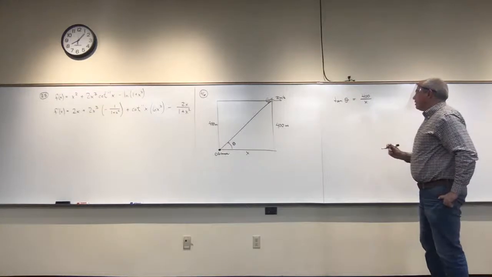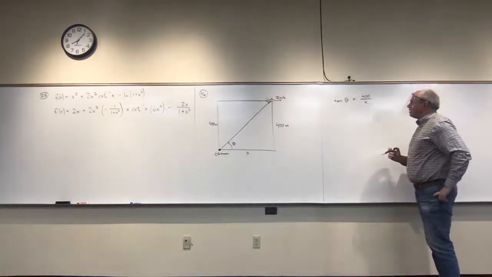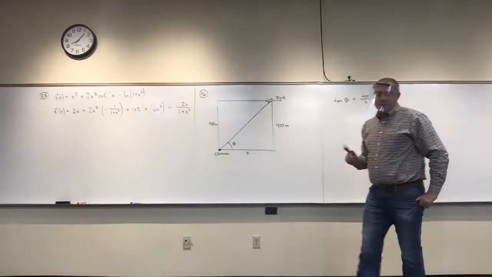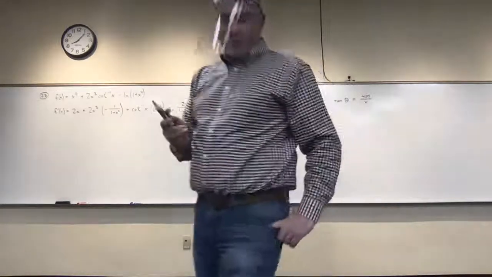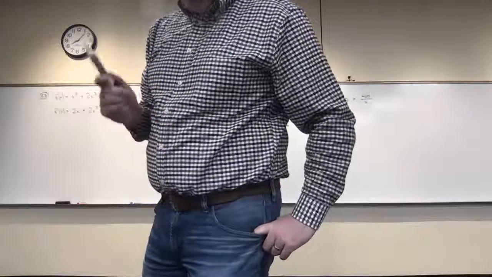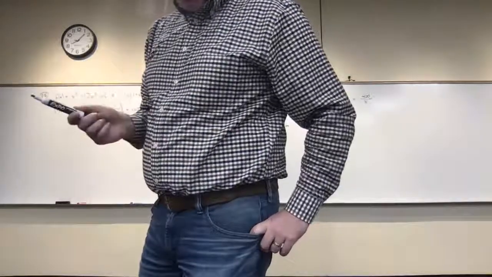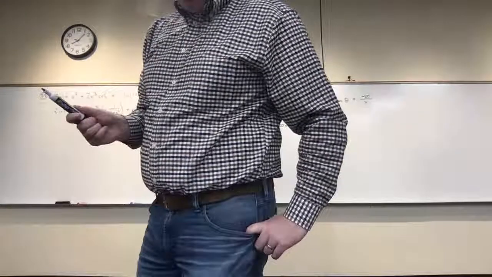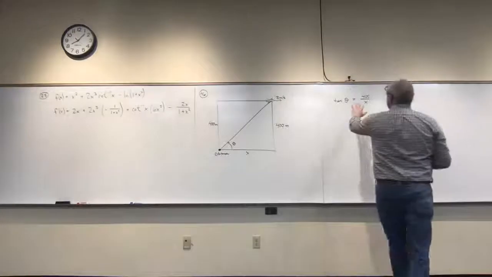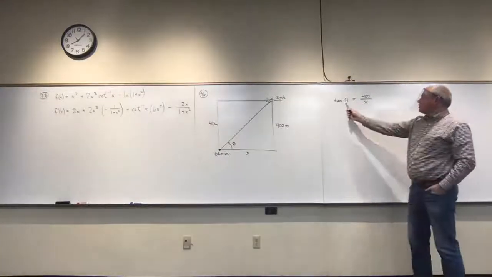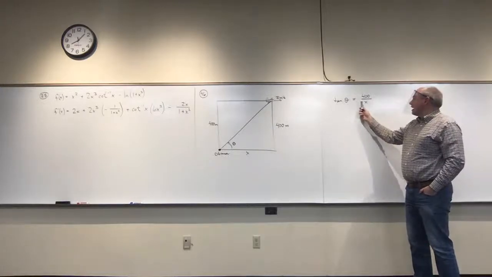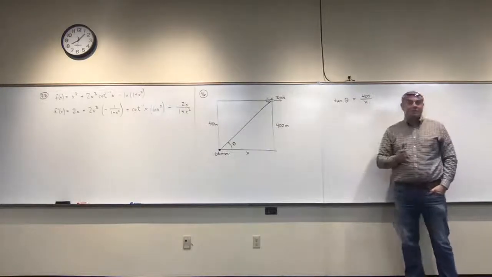Okay. So now there's a couple ways I can go here. Let's see what they ask for first. They say, what's the rate of change of the angle of elevation, d theta dt, when the plane is 500 meters past the observer? Okay, so I can either use this formula, this is just fine. I could also solve for theta if I wanted to, and then theta would be tan inverse of 400 over x.